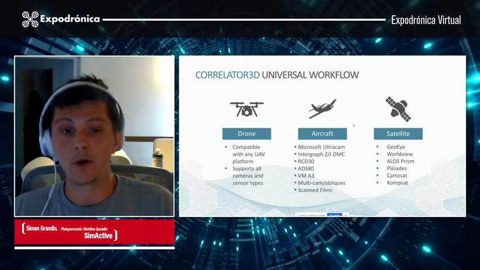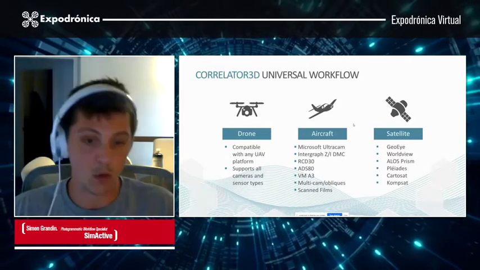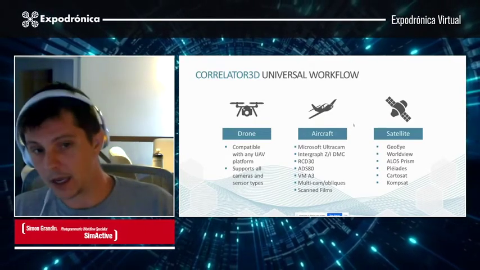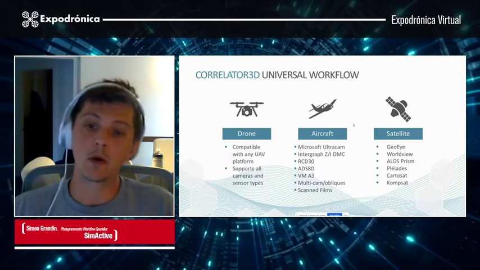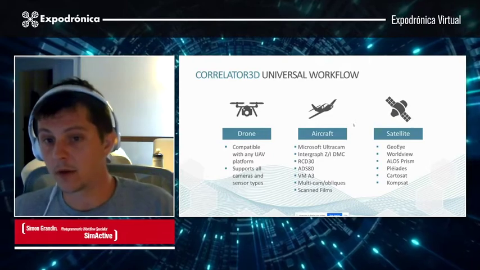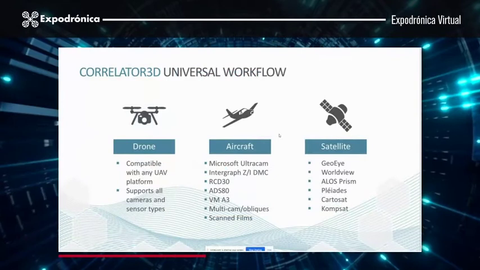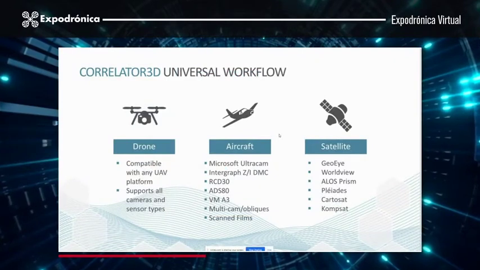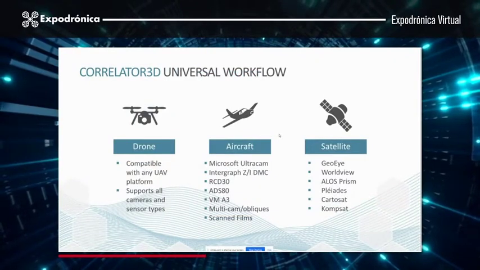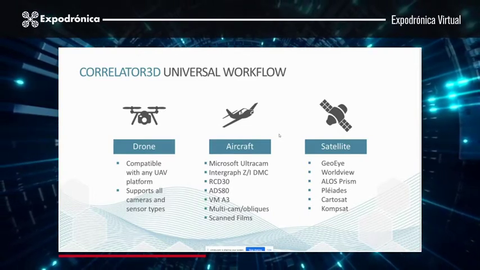Also, we can include aircraft cameras such as UltraCam, Phase One camera, and scanned film camera, and we can also provide a photogrammetry solution for satellite products from world-known satellites such as WorldView, Pleiades, and CompSat. So all sorts of data can be processed within Correlator 3D.